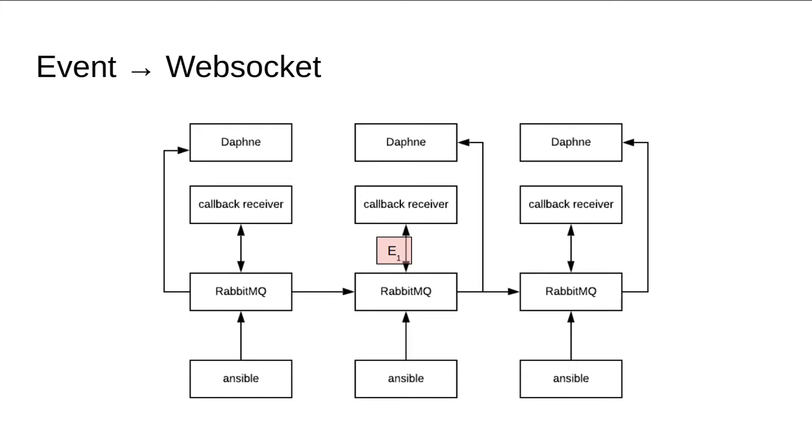The callback receiver pulls it in, issues a WebSocket event so that clients can update their standard out live on the Tower UI, and pushes it back out to Rabbit, which fans it out to all the nodes. The node that has clients interested in that job event sends it out via Daphne.